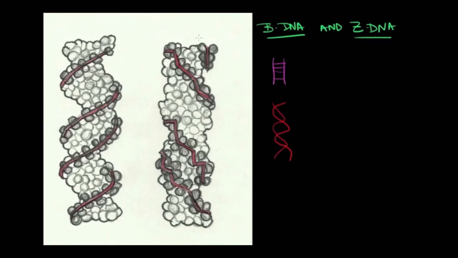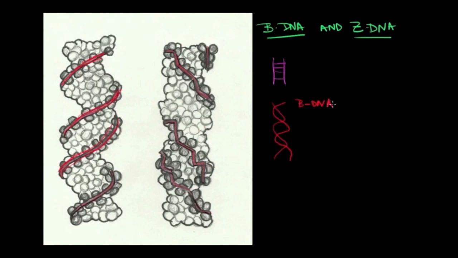I'm not a good drawer, or artist, but you can see here I'm highlighting in red the side chains, or the pentoses and the phosphate groups of my DNA, and they're assuming this shape here. And this is a B DNA.